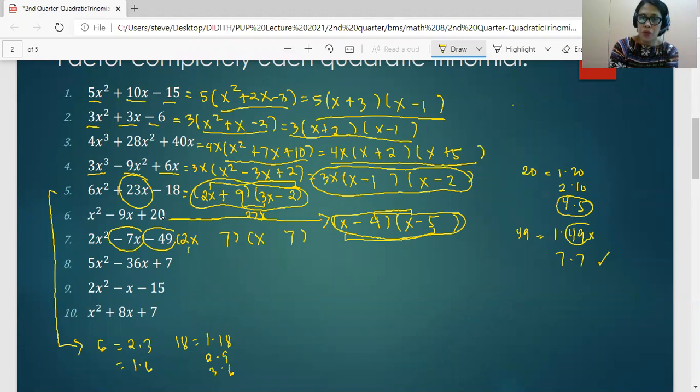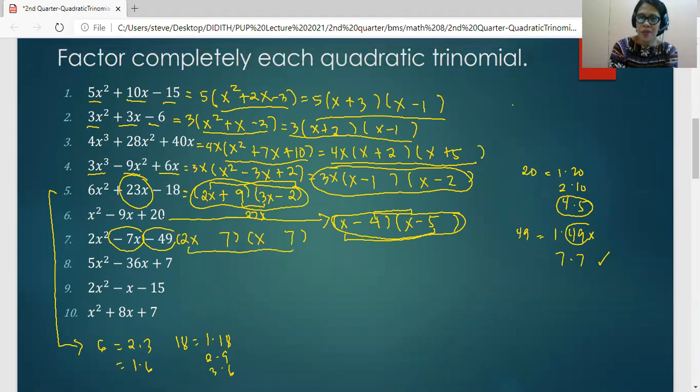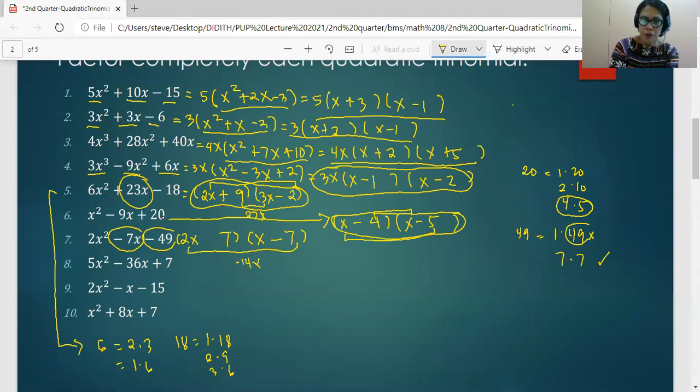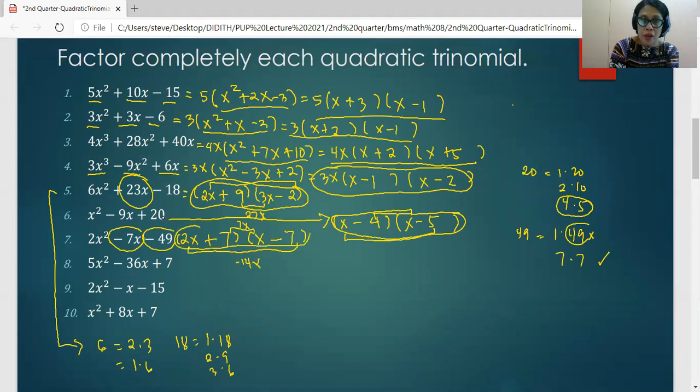So we would consider placing the negative sign or the subtraction operation here on the second factor, since this will result to negative 14x, and the product of 7 and x will be 7x. So when we combine the two, we'll get negative 7x. So this will be plus. So the factors for number 7 are 2x plus 7, and the other one is x minus 7.